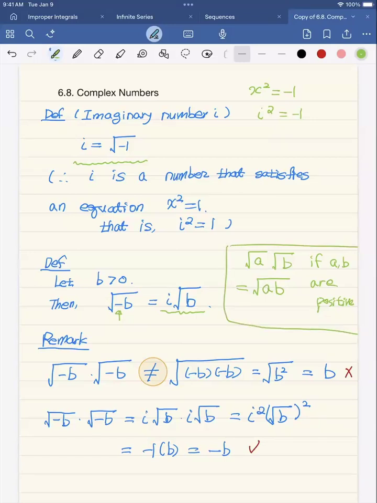But that happens only when a and b are positive. When a or b are negative, we always have to convert the expression as i times square root of b, where b is a positive number.